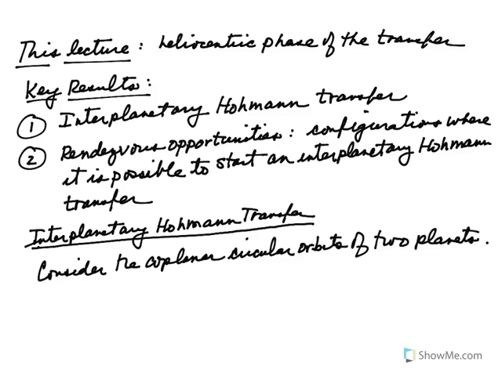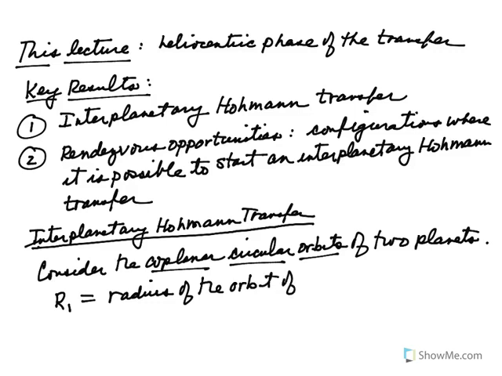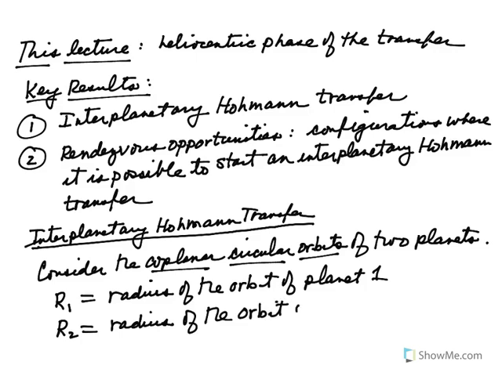So this is really important here. These are coplanar circular orbits. Now, we're going to call the radii of these two orbits R1 and R2. So R1 is the radius of the orbit of planet 1, and R2 is the radius of the orbit of planet 2.